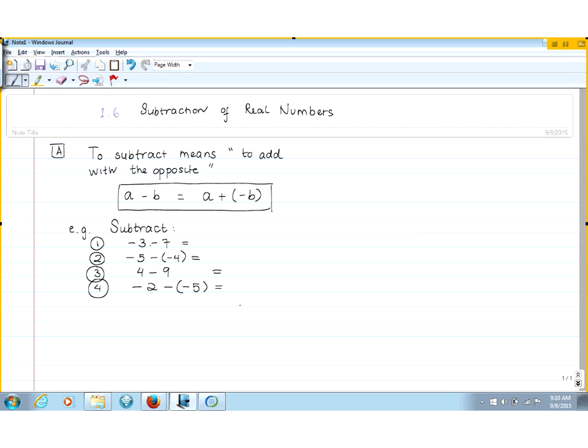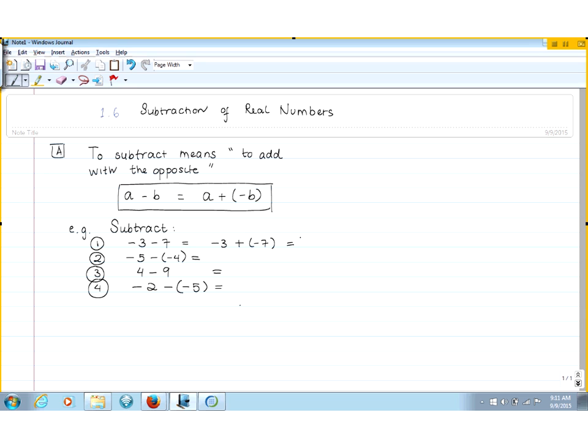So which one is subtraction? This minus, so we could change this to addition. The opposite of 7 is negative 7. If you already know it's negative 10, you don't need to change it, but just in case you don't know, then we need to change it.